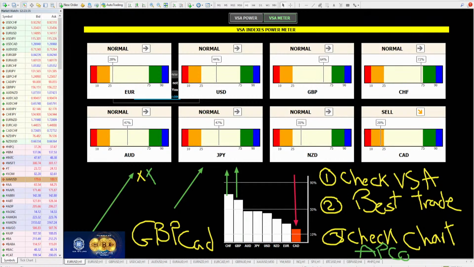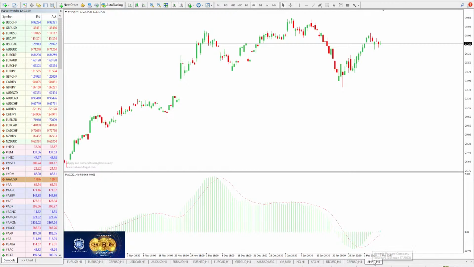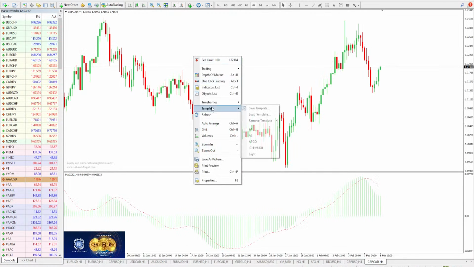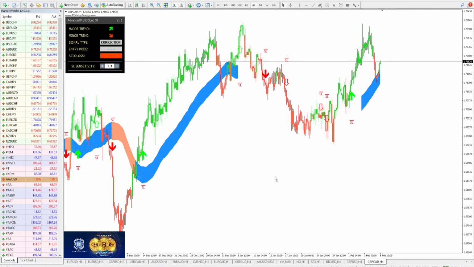Let's have an example here. I'm gonna remove this and I'm gonna go open pound Canadian right here. So I'm just gonna type pound Canadian just like this. Then I'm gonna come here and I'm gonna apply the APCO trading banner, which is available, guys, on our website. I'm just gonna update it quickly like this. Just to click the time frame like this.